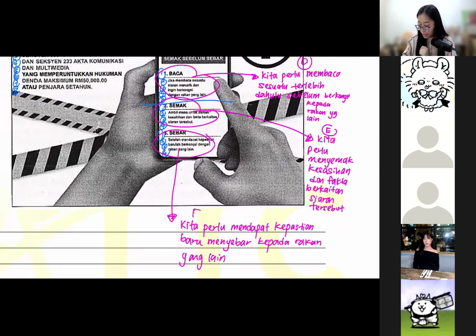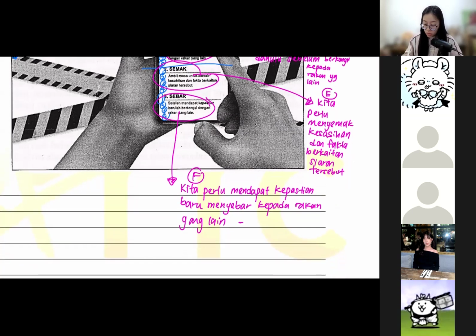So this is your F. Like screenshot it and then we go for writing part. Like 3, 2, 1. So I write it below here.